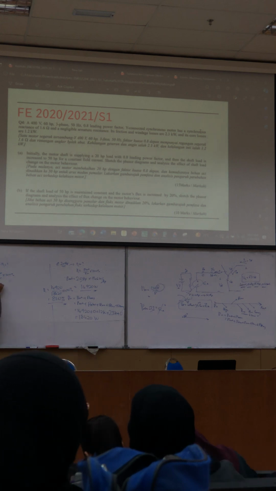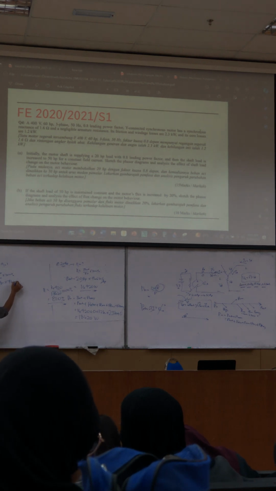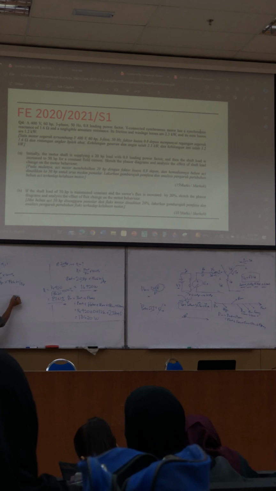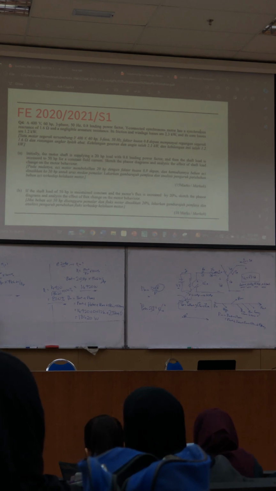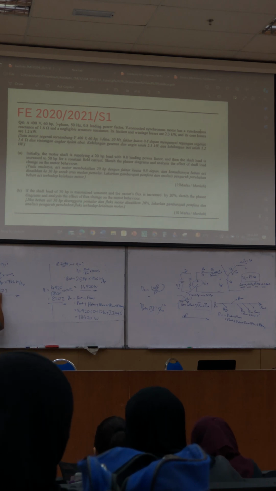So P out now is 50 horsepower times 746 watt over horsepower, which is 37,300 watt.